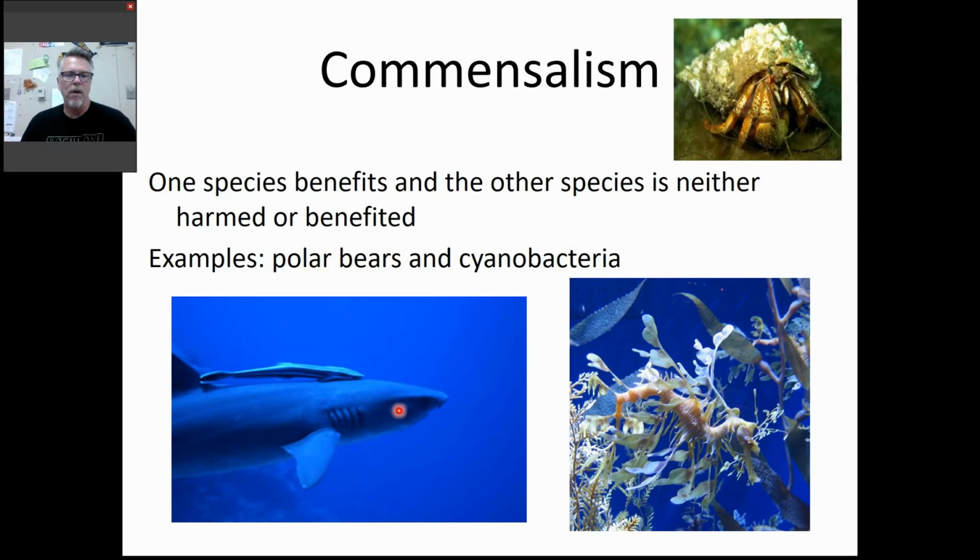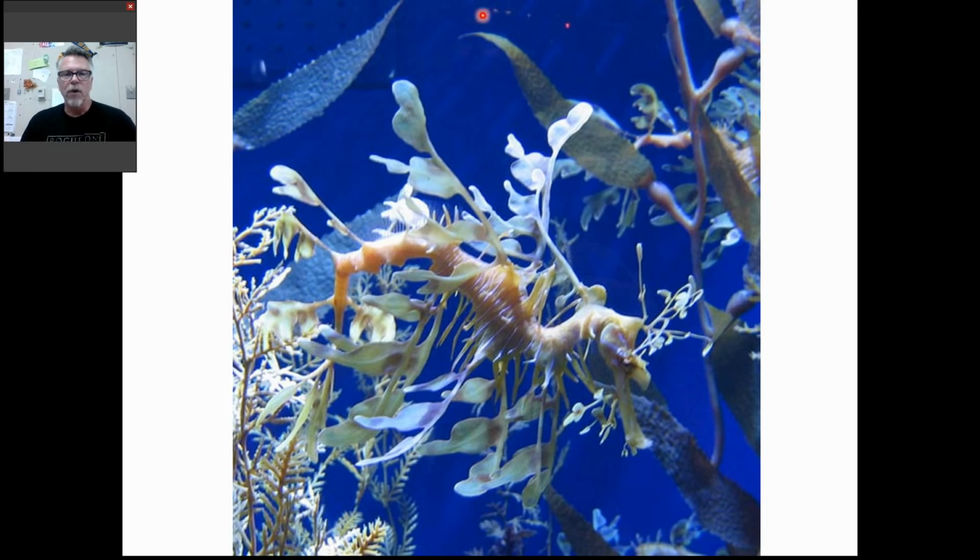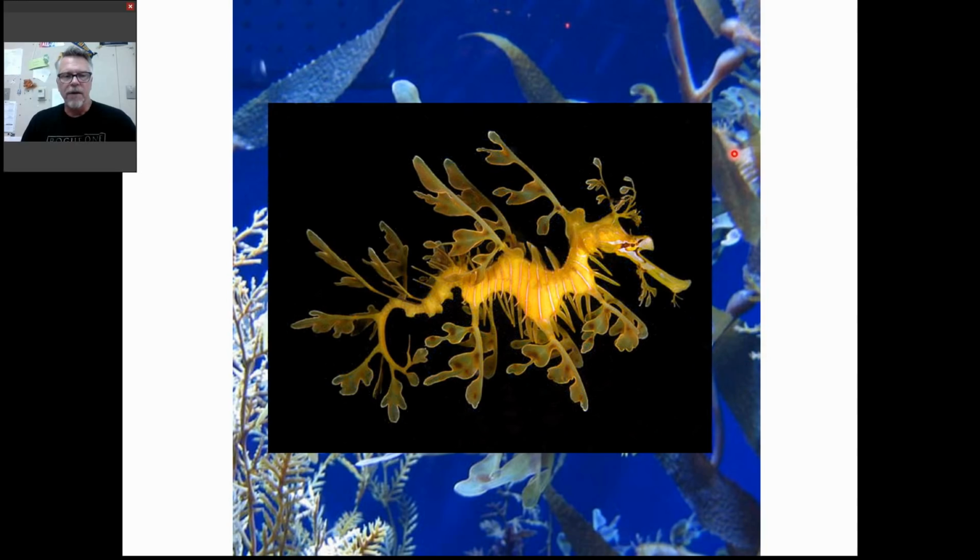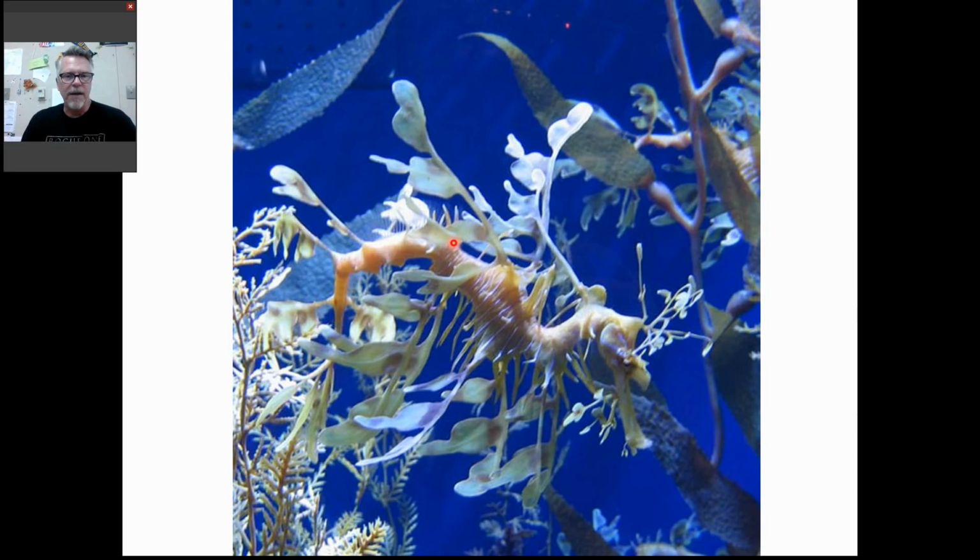Other examples are, in particular, this leafy sea dragon here, which is in the next diagram. So if you look at this picture, it looks like a plant with big leafy projections, but in reality, there's a critter, an organism called the leafy sea dragon that lives nestled inside, hidden inside this plant. Now, what do you think the sea dragon gets by making a home inside this plant?